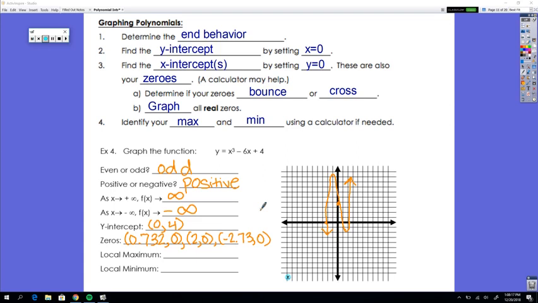So using the calculator, this point is approximately negative 1.41, 9.66, and then for the minimum, the same thing. This is going to be 1.144, negative 1.66.